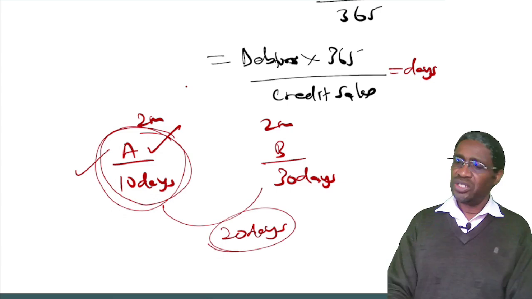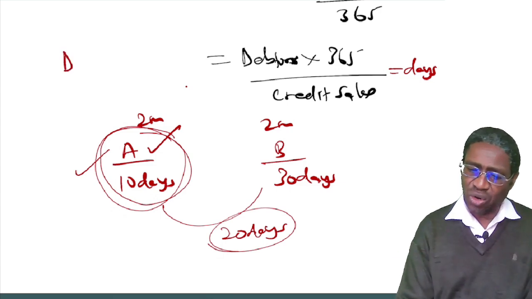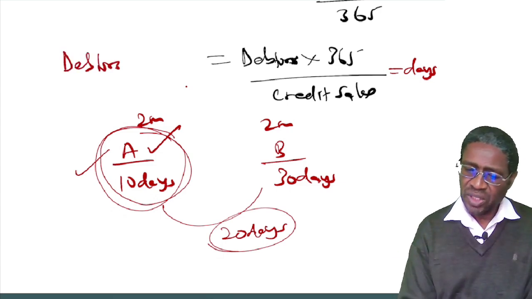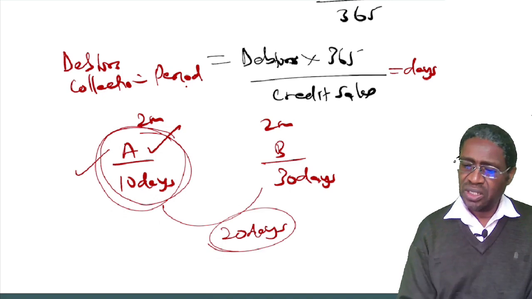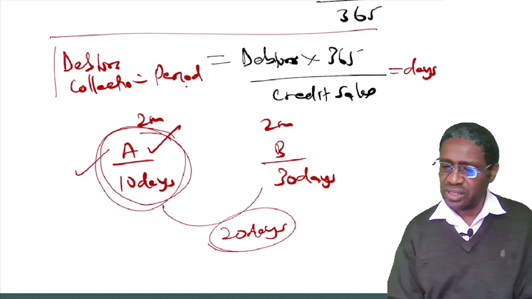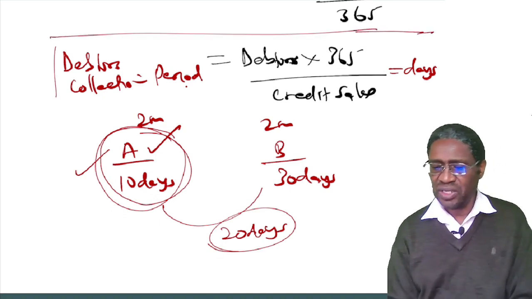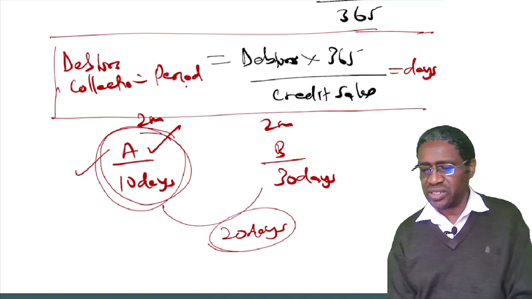We have said that to get what we are calling the debtors collection period, we take debtors times 365, and you divide that by credit sales.